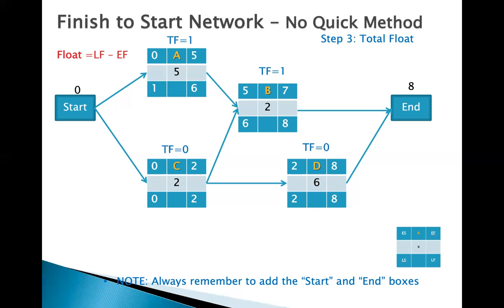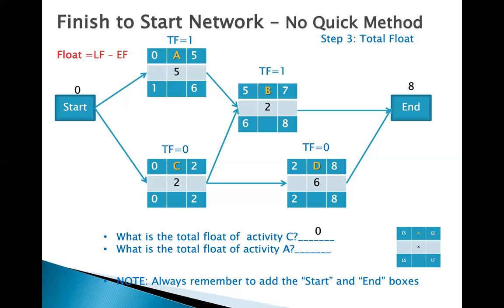Now we are ready to identify the critical path. The critical path is made of the activities whose total float is 0. So in this case, the critical path is start, C, D, end. Why? Because those activities have a total float equal to 0. The total float of activity C is 0.